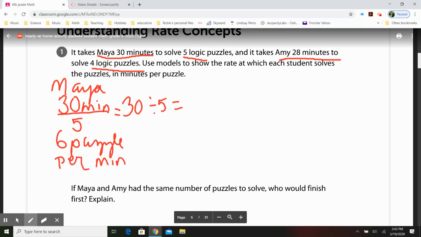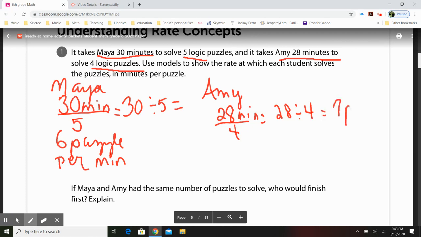And it says Amy has a rate of 28 minutes for 4. And if you do 28 divided by 4, that gets you a rate of 7 puzzles per minute. Or I'm sorry, 7 minutes per puzzle.